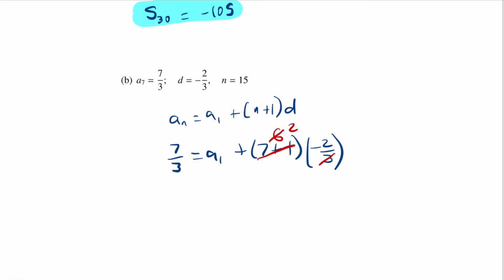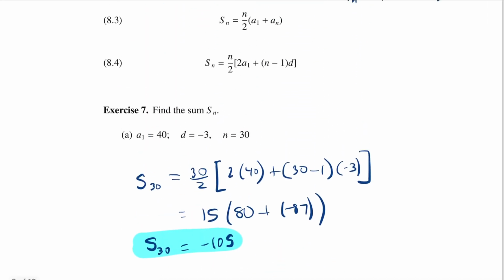Okay, now that we have our first term, now we can use this formula that we used previously. So let's do that over here. S sub 15, and now we use 15 as our n, is equal to n over 2, 15 over 2, bracket 2 times a sub 1.